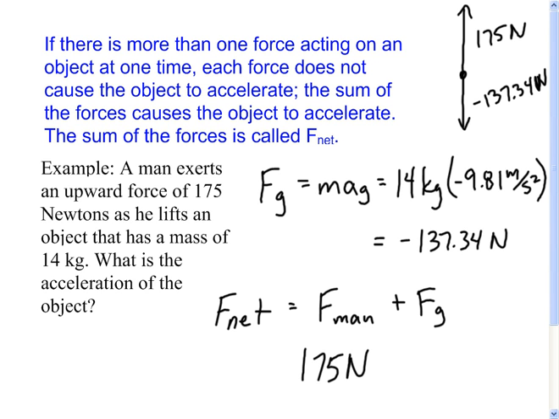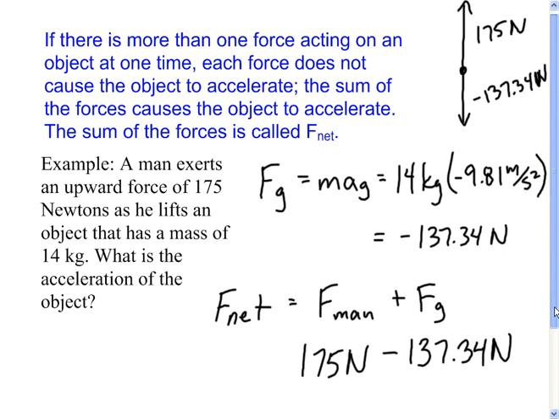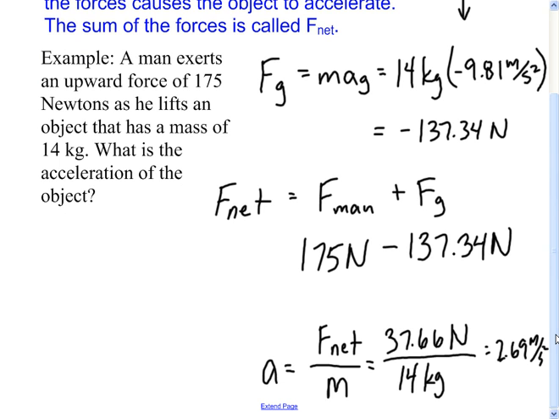I made it positive because he's pulling up. Gravity is pulling down with a force of 137.34 newtons. I made it negative because gravity pulls down. Do you see that together, that adds up to this, 37.66 newtons? And that's the force I would use in a equals F over m.